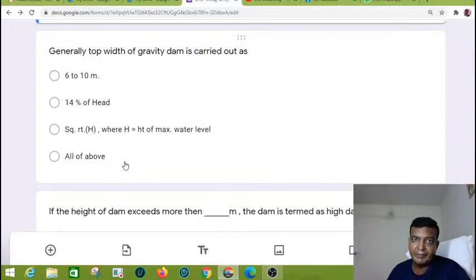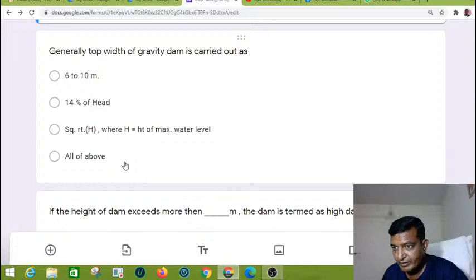Generally, top width of the gravity dam is carried out as 6 to 10 meter, 14% of the head, square root of h, where h is equal to height of maximum water level, and all of the above. Just type your opinion in the chat box.